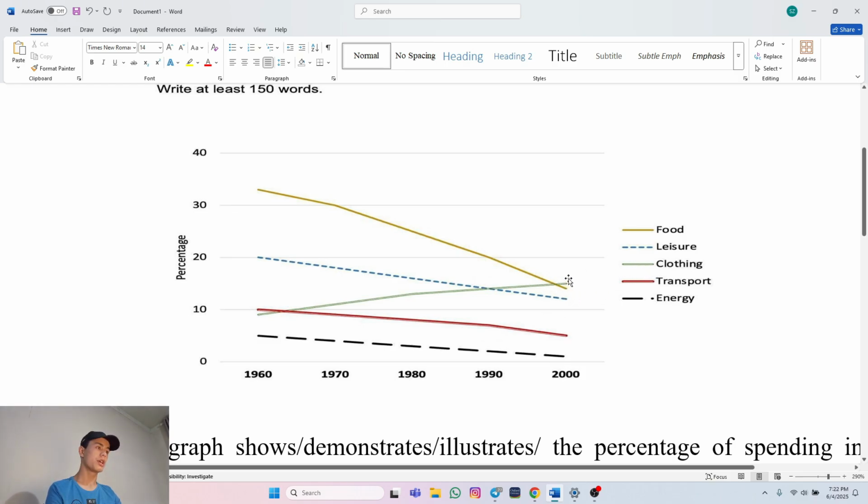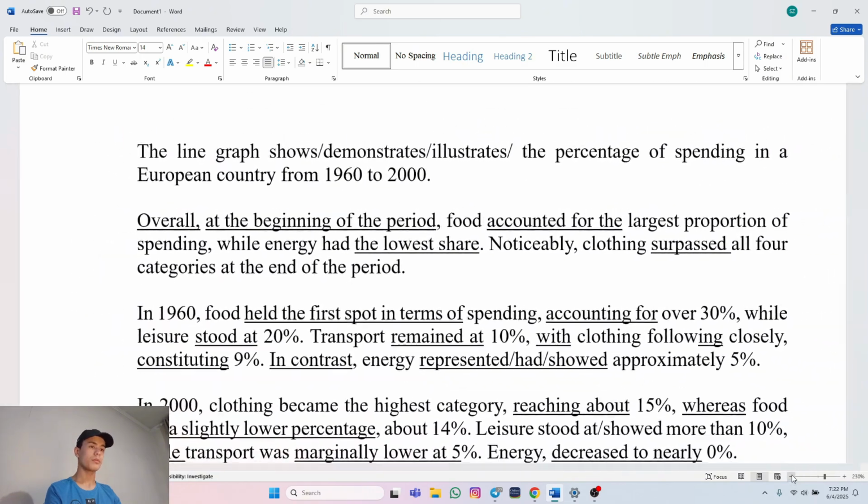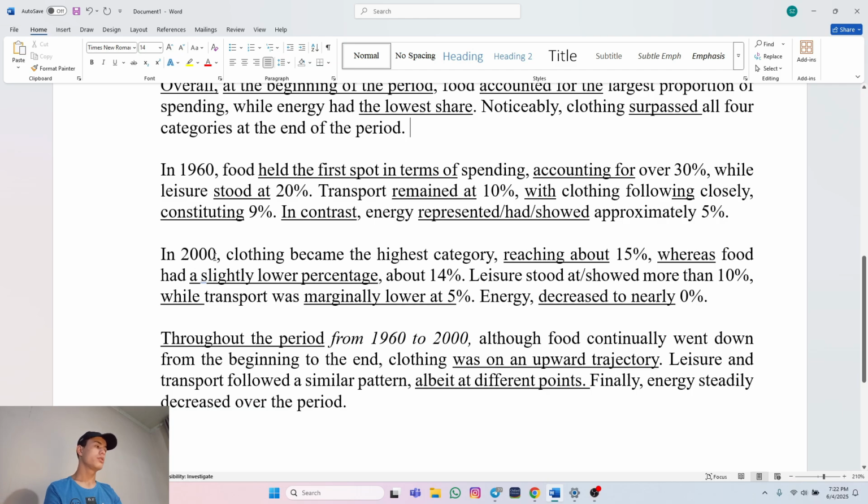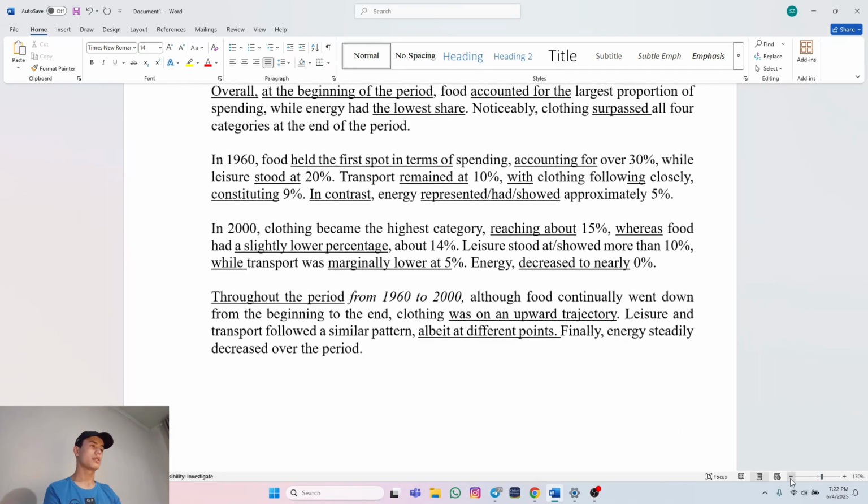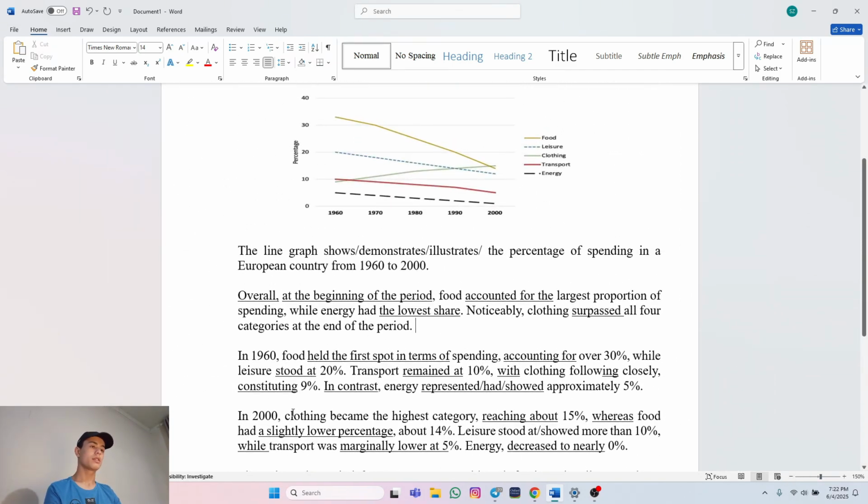Green one, clothing, and food in the second spot, and leisure and transport and energy in this order. Okay, in 2000, we can start our body paragraph like this. Clothing became the highest category, right, exactly. Clothing, the green one, is in the first spot, became the highest category. It means it's in the first spot.